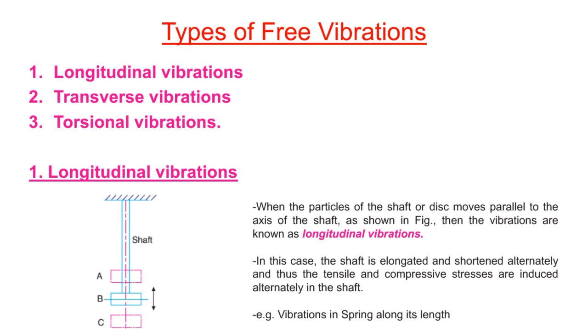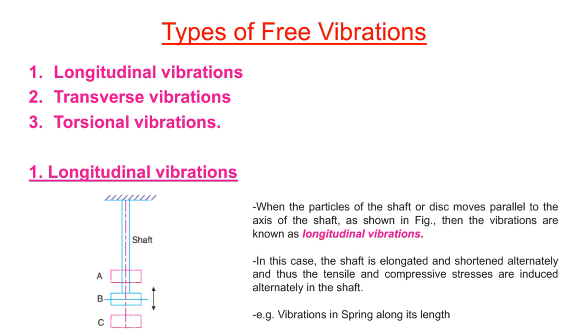Consider B the initial equilibrium position of that disc. If we displace that disc from point B to point C and then release, then the vibration parallel to the axis of the shaft is known as longitudinal vibration.